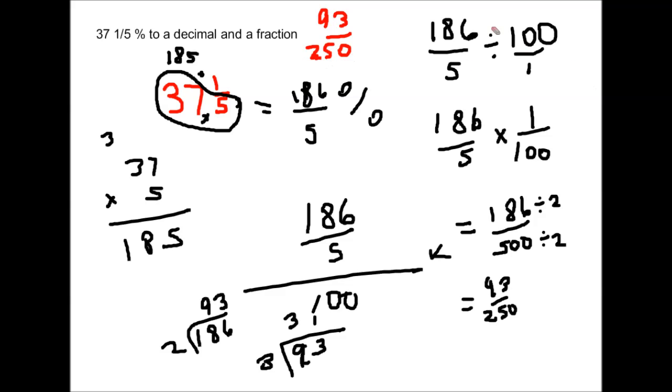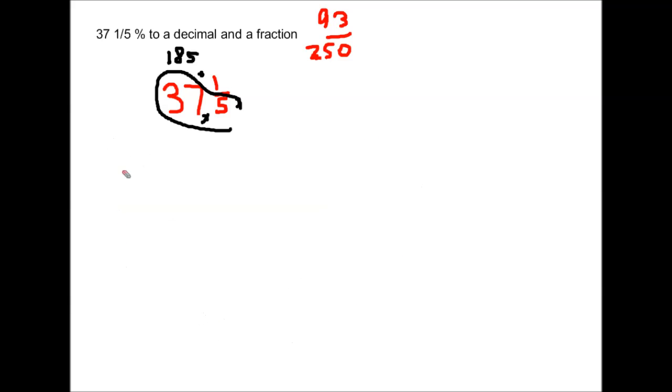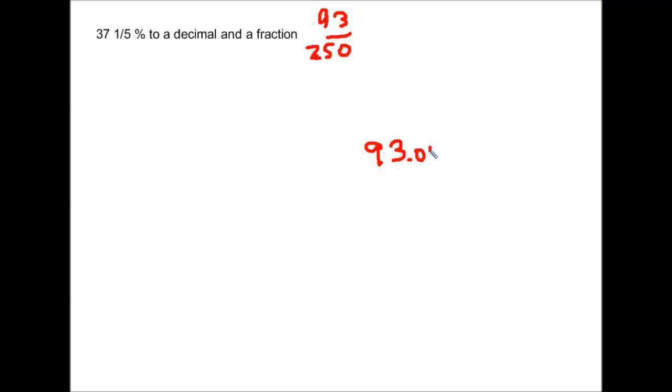Now let me change that to a decimal. I'm just going to do that by dividing 93 by 250. 93.000 divided by 250.